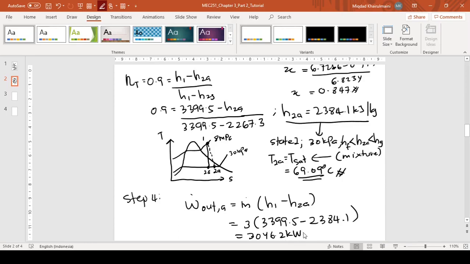But the question asks us to find in megawatt, so we have to convert: 3.05 megawatt. So this is a tutorial for subtopic 3.9, isentropic efficiency for steady flow devices involving the steam turbine. Okay, so thank you.